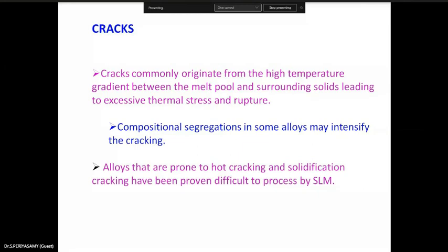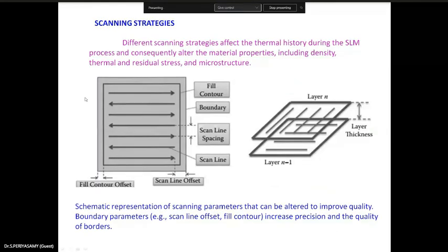So this balling results in a rough bed and scan tracking, increasing the surface roughness and increasing the porosity. Even the ball forming is a circle, so it may not form a neck and then a layer. That is not possible; it forms a circle.